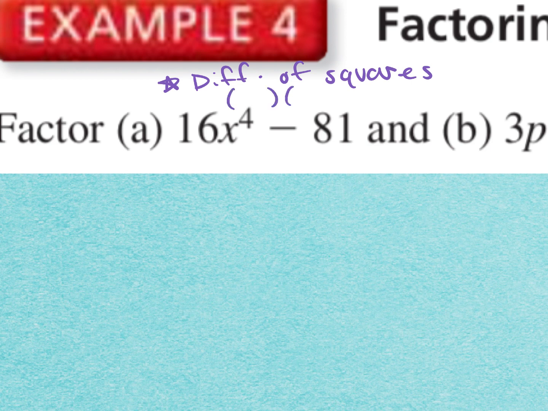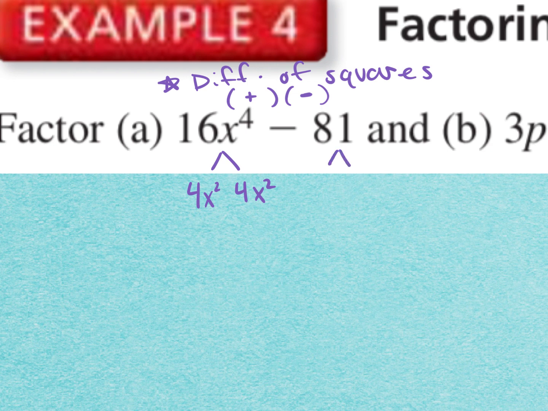Remember, the difference of squares factors into a plus and a minus. So what are my 2 factors that 16x to the 4th power breaks down into? 4x squared and 4x squared, because we have to break that x to the 4th power apart.